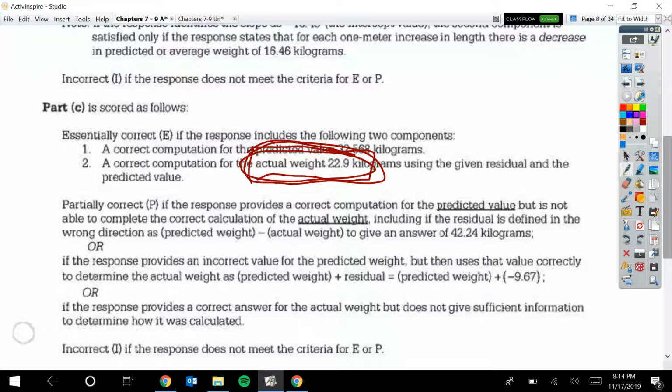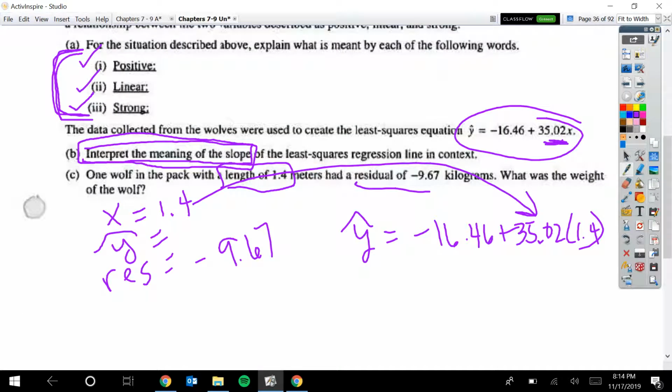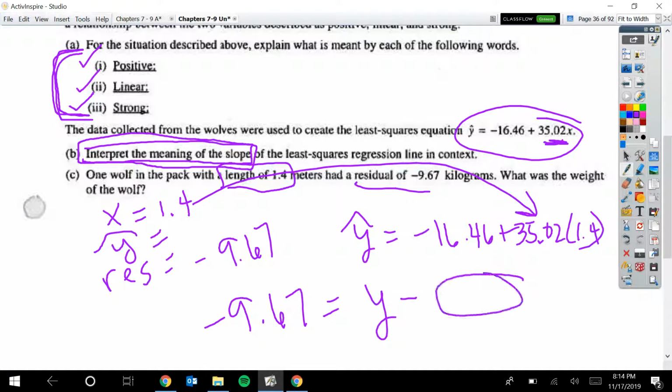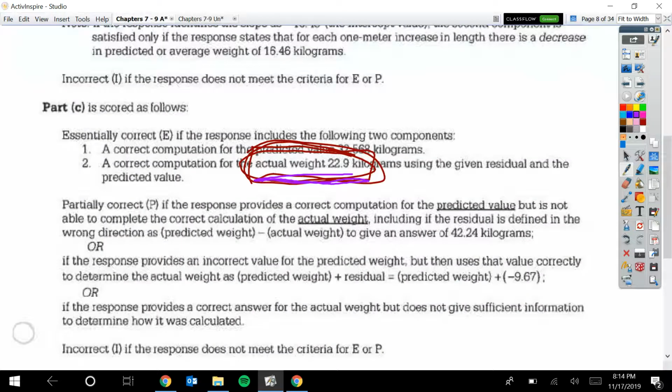So you had to give that predicted first, and then after you did that, you had to continue and do the residual. We know that the residual equals the actual minus the predicted, whatever that you computed it to be. And so then you added that over, and your final answer was 22.9 kilograms.